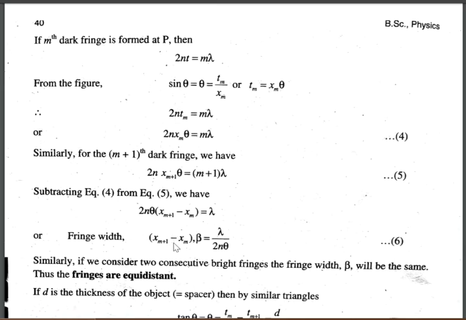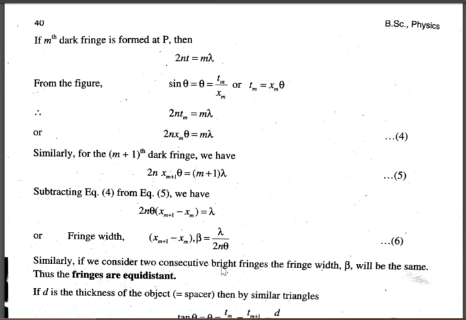So xm plus 1 minus xm is equal to beta. Beta means fringe width. It is equal to lambda divided by 2n theta. So this is the fringe width expression in case of wedge film.